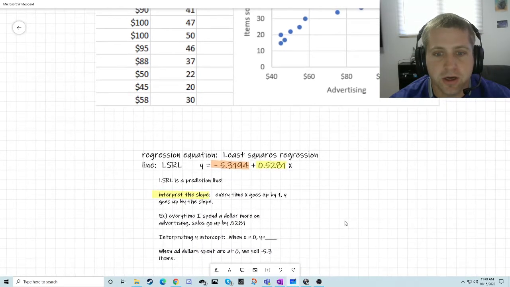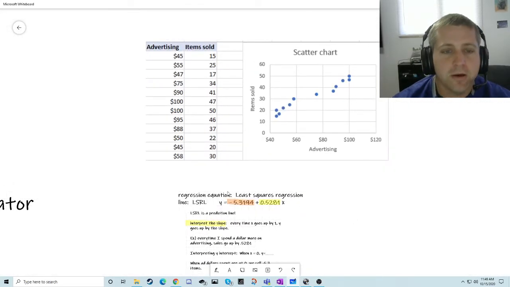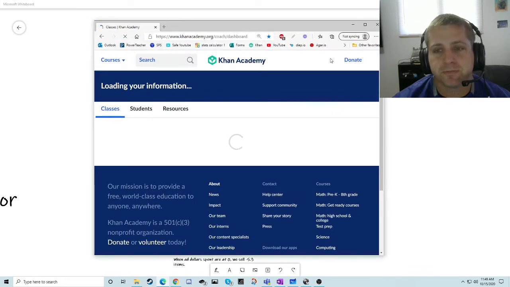Now we are going to talk about computer output. I'm going to pull up Khan Academy from our class, and they have good computer output problems.